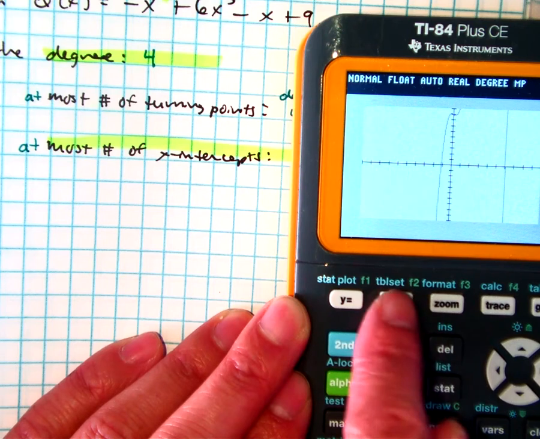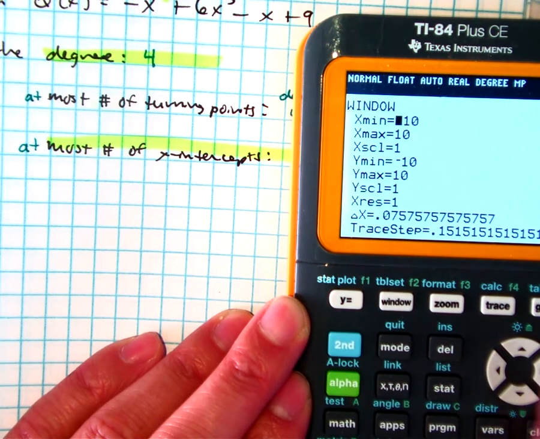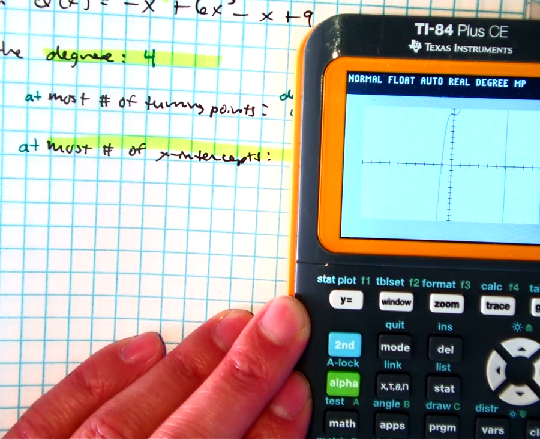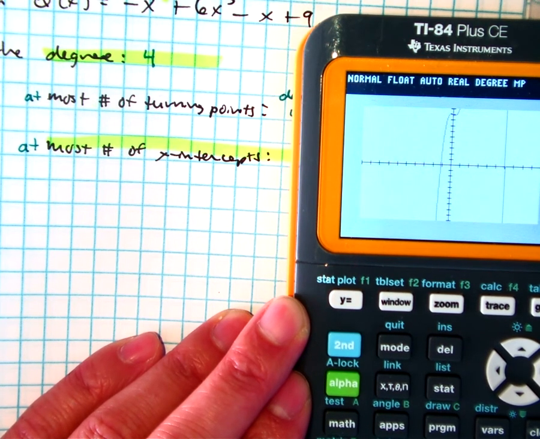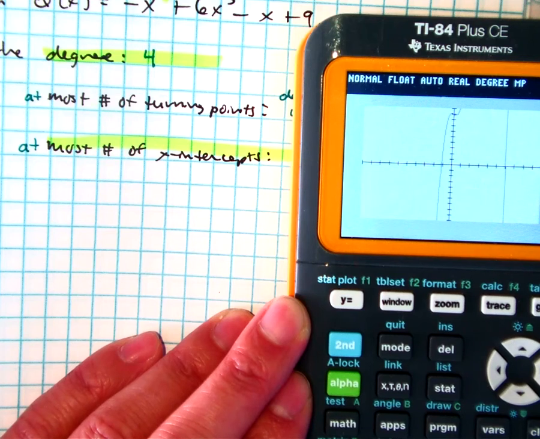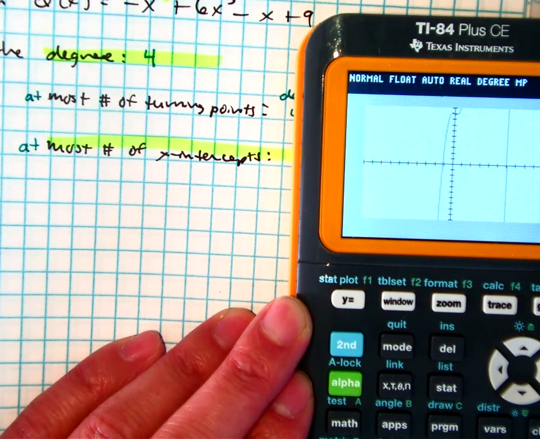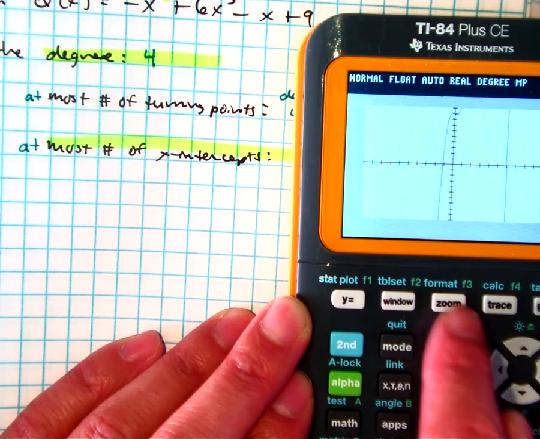Alright. Talk to your partner, 20 seconds. What can we change on our window to actually fit it? Okay.